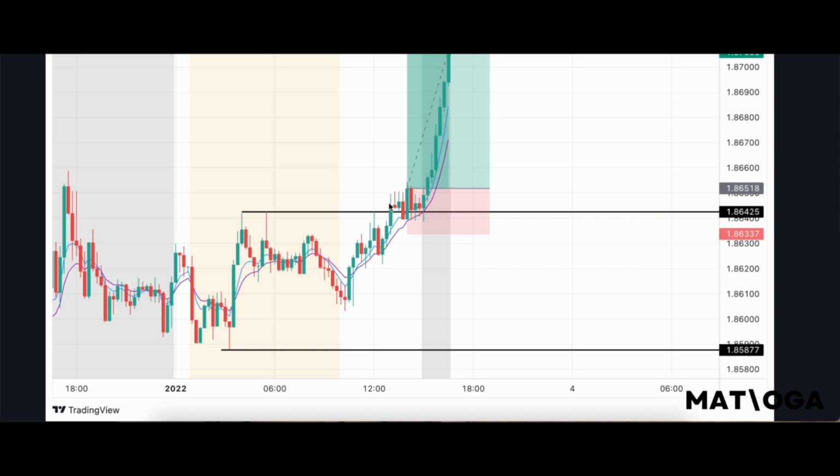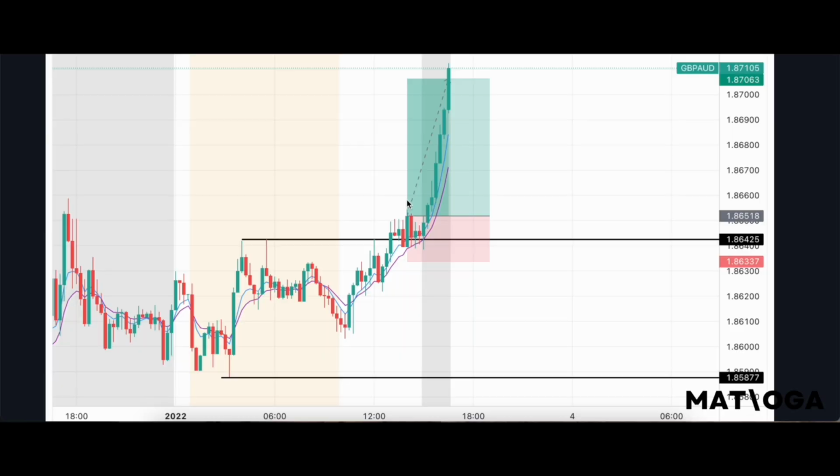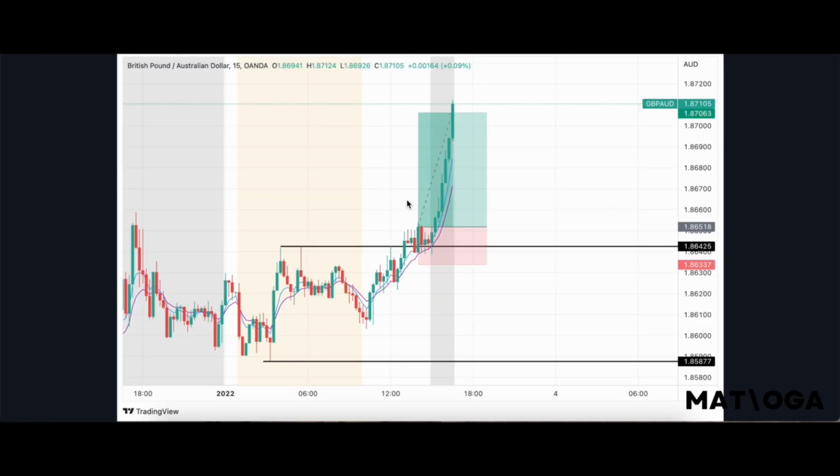So we had a break, we had some candlesticks of indecision, basically called retest, and then continuation. We broke, we slowed down, and we pushed back above. This is our entry. All three sections are achieved.